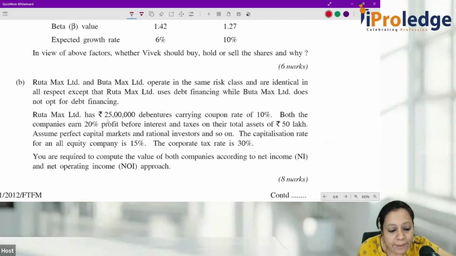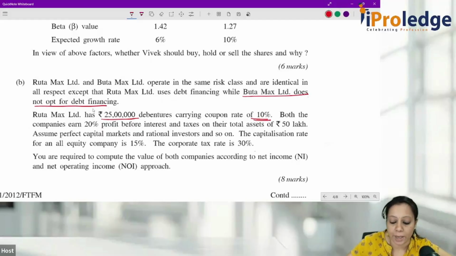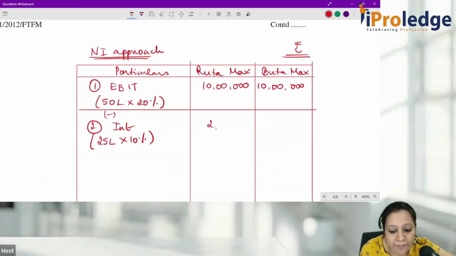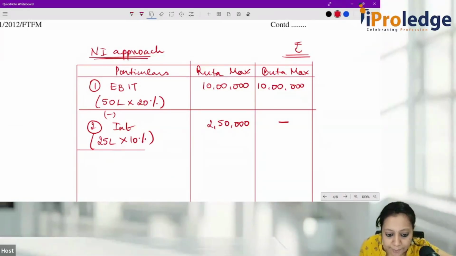Rutamax has 25 lakh debentures and the coupon rate is 10%. Butamax does not opt for debt. So it is 25 lakhs into 10%, that means 2 lakh 50,000, and here I will write nil.